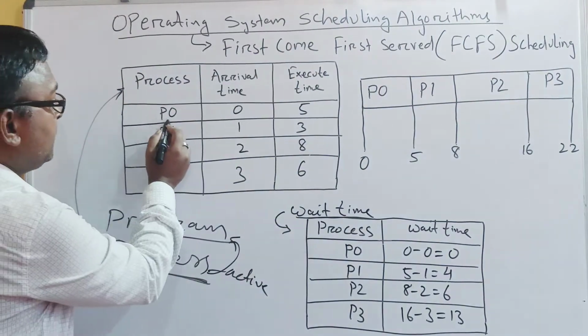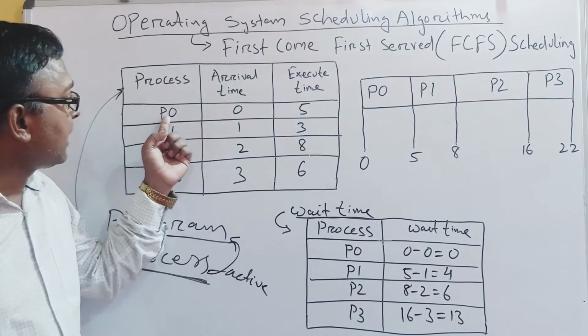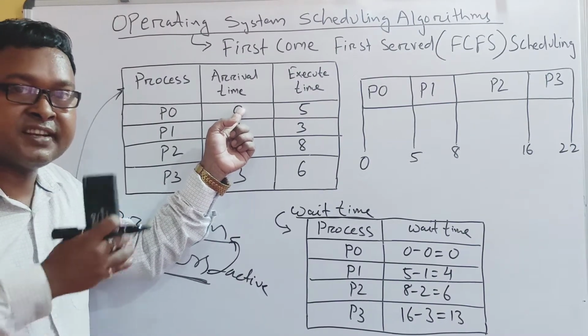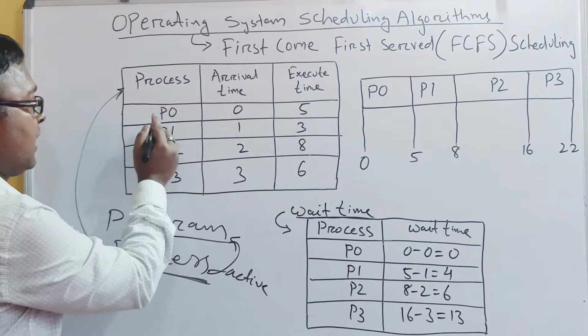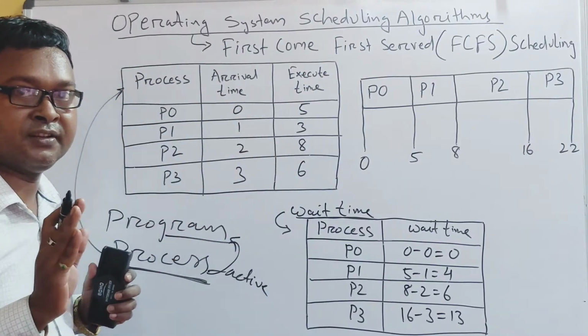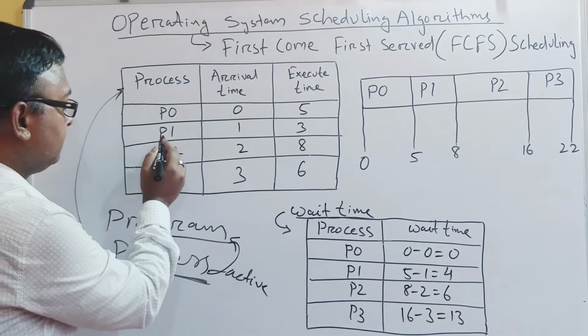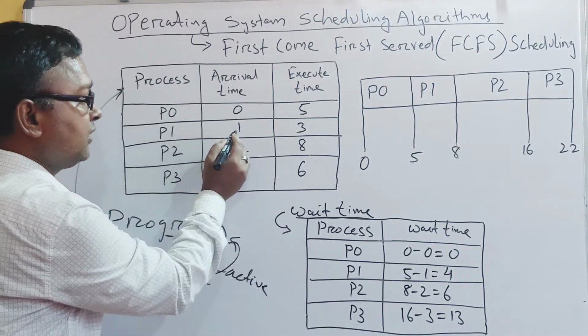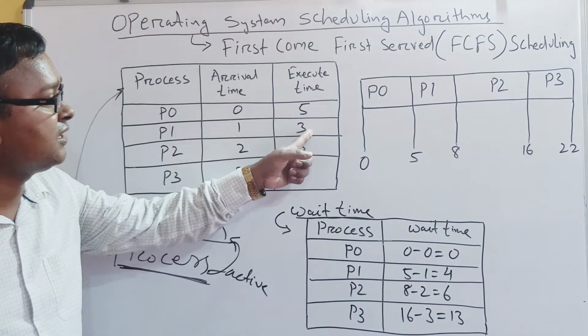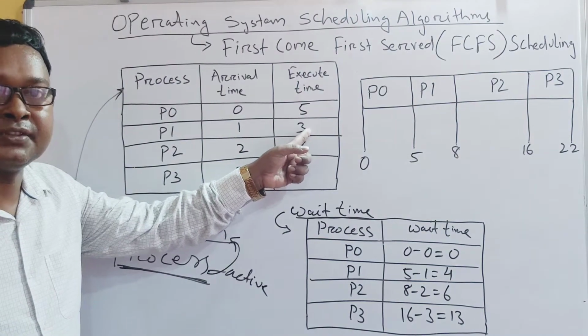P0 arrives into the processor at 0 time, that is nil time, starting time, and P0 takes 5 nanoseconds for execution. Then P1 enters the processor at 1 nanosecond and takes 3 nanoseconds for execution.